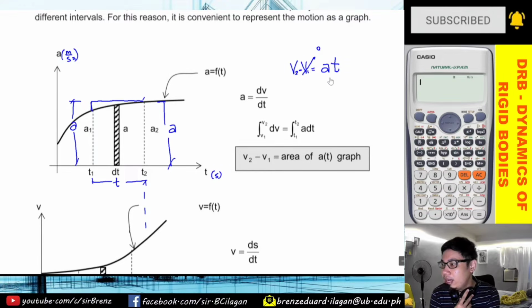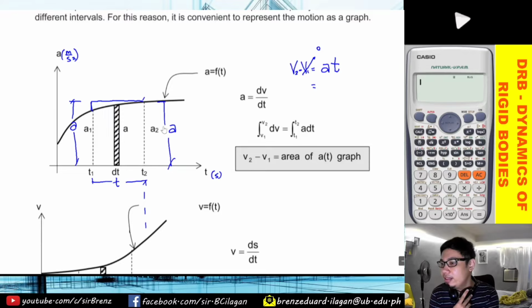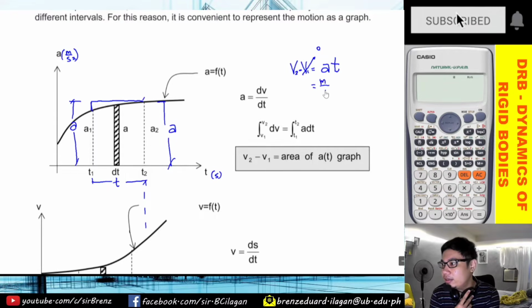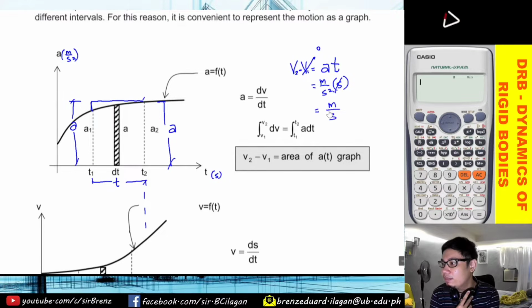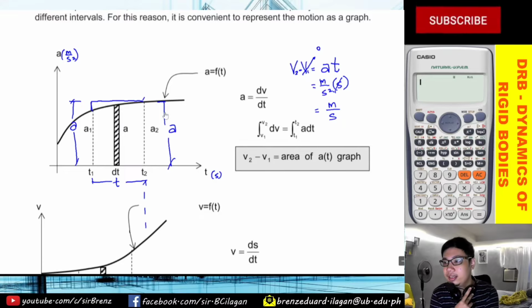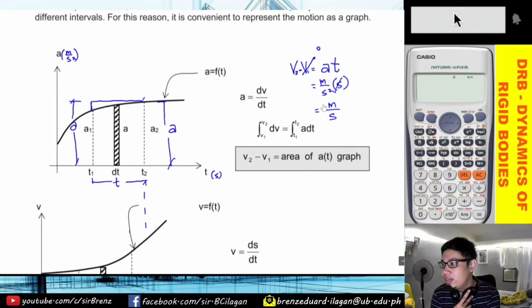Okay, so acceleration times time, area lang nito, itong rectangular shape na yan. So di ba ang unit mo ng acceleration is meter per second squared. And then yung unit mo ng time is seconds. Which is ma-cancel lang yung isang seconds, bawasan mo ng isa. So meter per second. So na-satisfy natin yung unit. Okay? Which is yung velocity mo nga is distance over time.